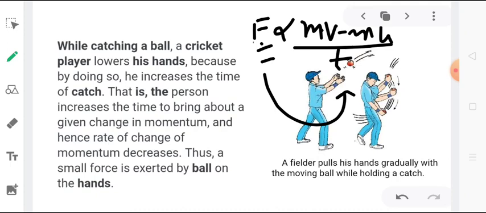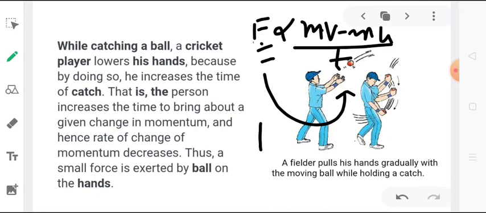In order to avoid that situation, what is done? The time to bring the ball to the state of rest is increased by moving the hands backward. By moving his hands backward, the player is increasing the time of catch. That is, the person increases the time to bring about a given change in momentum, and hence rate of change of momentum decreases.